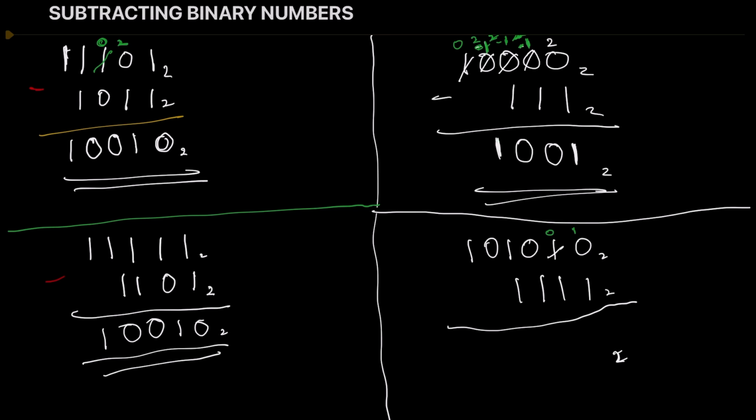In this case we have a 0 coming down, and then you have 0 minus 1, which is also not possible.